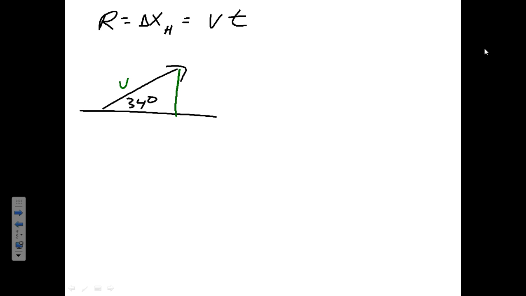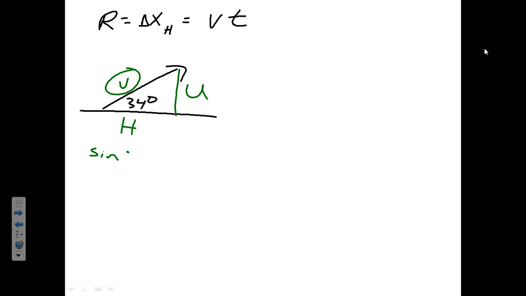I'm going to draw down a vertical right here, break this into components. I'm going to call this my horizontal component. And since I've already called this V, I'm going to call this U, my up component. Break it into components like I would normally do.